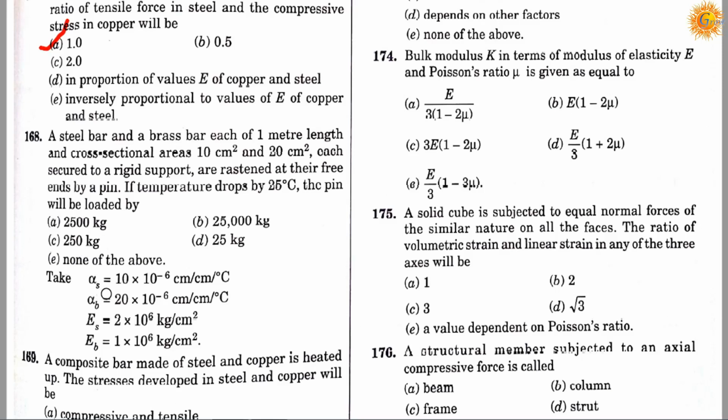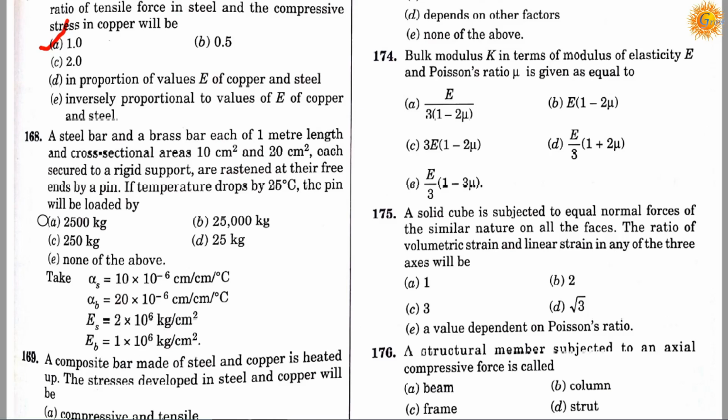You can take alpha S is equal to 10 into 10 the power minus 6 centimeter per centimeter degree centigrade, alpha B you can take 20 into 10 the power minus 6 centimeter per centimeter degree centigrade, and ES will be 2 into 10 the power 6 kg per centimeter square, and EB will be 1 into 10 the power 6 kg per centimeter square.